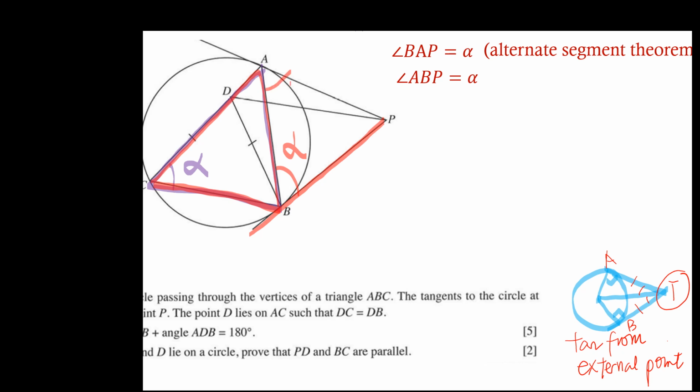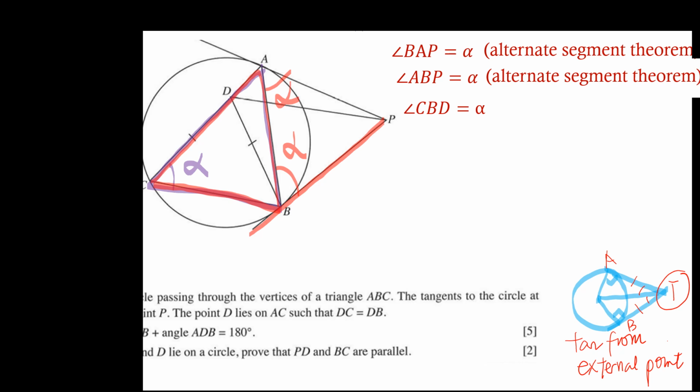That explains why that particular angle ABP is also alpha, because we have two different tangent lines using the same triangle. It's a bit challenging or confusing, but don't worry, just look at one triangle, one tangent line at a time, then you'll be able to see that.